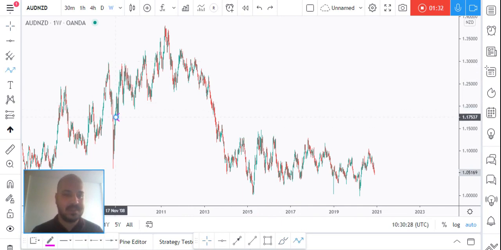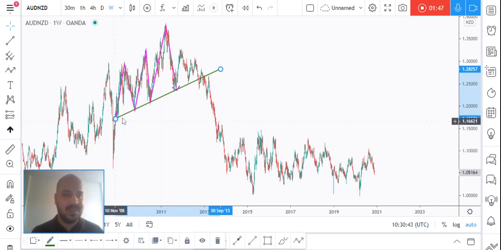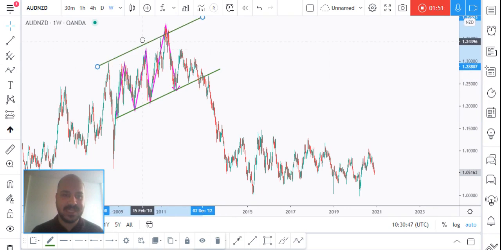As you can see from this previous example, price was overall bullish, making higher highs and higher lows. So the bulls were in control and we could draw the trend line. Here we go. Starting from these two swings, we can draw the trend line and even make an offset for overall direction.